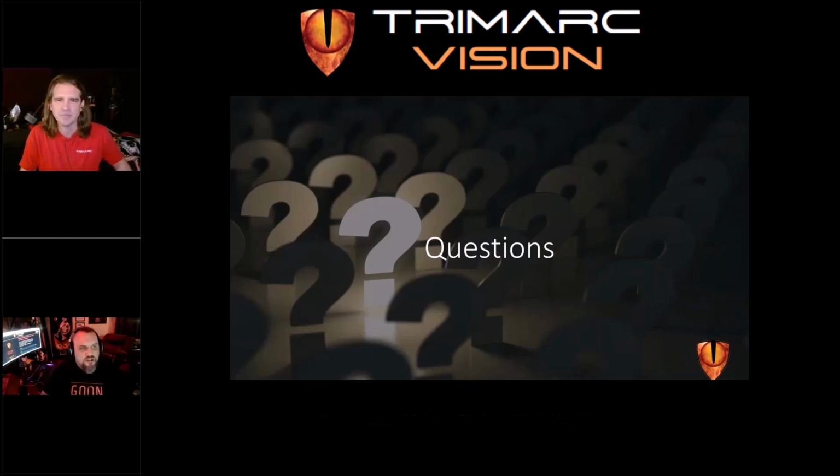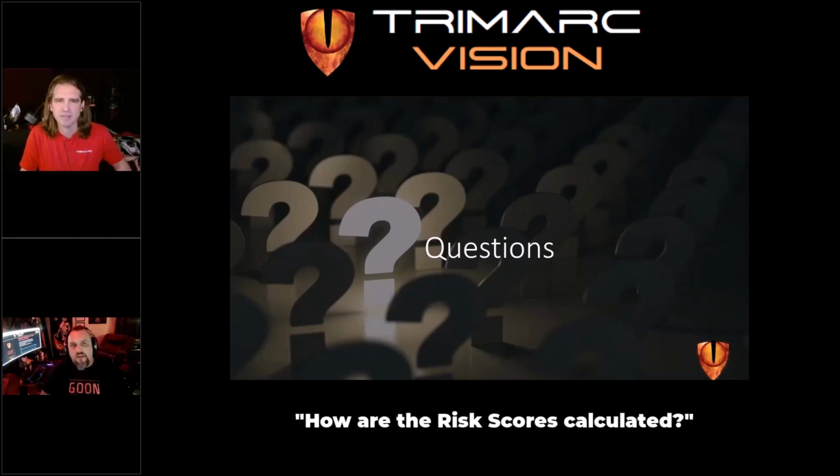A couple different questions on how the risk score is calculated. So the risk score is calculated based on our understanding, as I mentioned, of what attackers are doing and how the environment's configured. So basically, what is the issue, and what is the relative risk of an attacker leveraging that in a typical environment, and then how impactful is that thing that the attacker could do with that.